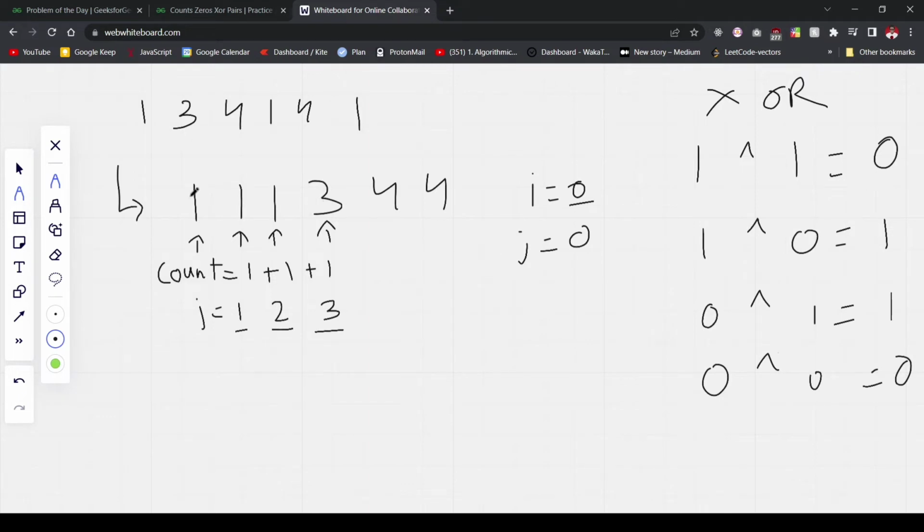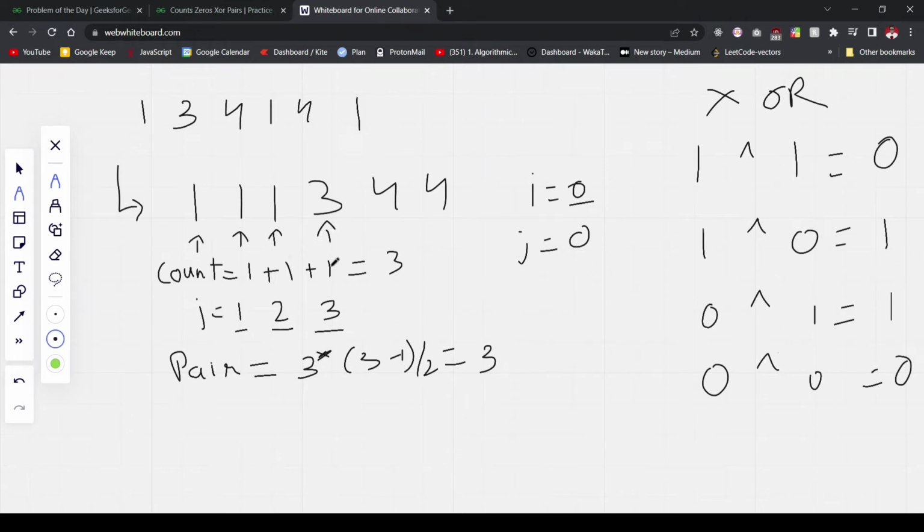If I compare 3 with 1, since they are not the same, I'll break out of the loop and I'll simply count the number of pairs that are formed using these three elements. To calculate the pairs, I'll use the formula. Since we have the count to be 3 of the same value, that is of 1, I'll use the formula 3 times 3 minus 1 by 2, which gives me 3.